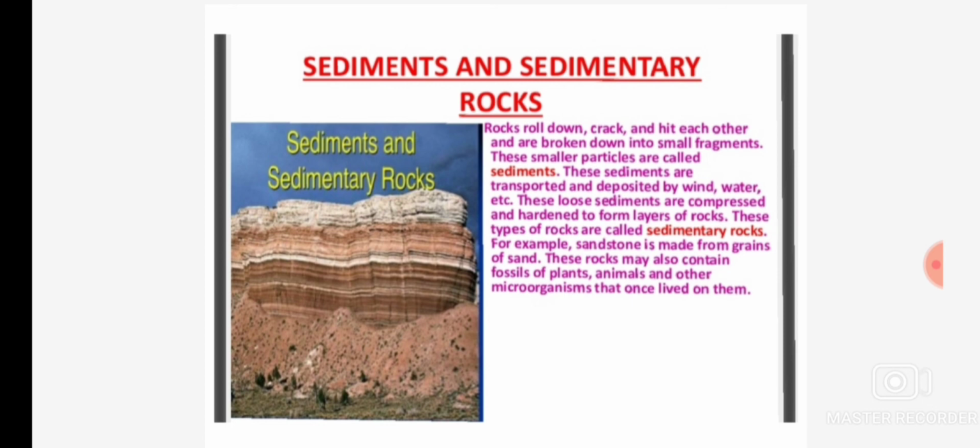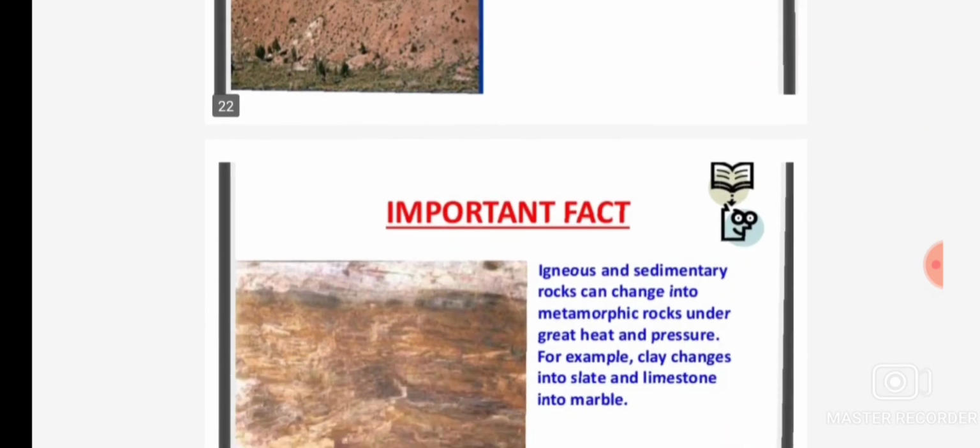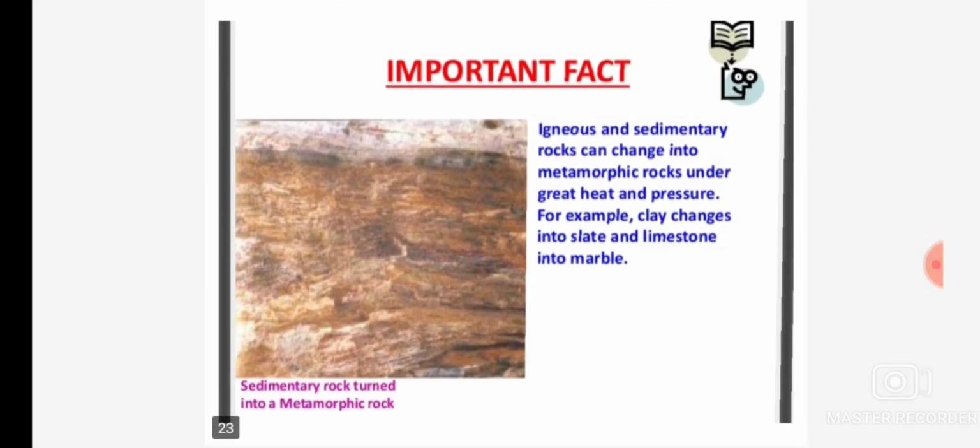Now, which one is left? That is the third one, metamorphic rocks. How are these rocks formed? Let's learn about that. These metamorphic rocks are formed by change of form in igneous and sedimentary rocks. When igneous and sedimentary rocks change their form and get converted into another type of rock, that rock is called metamorphic rock.